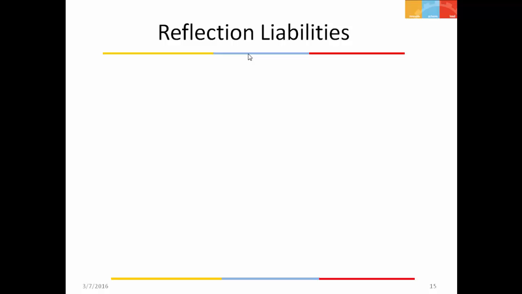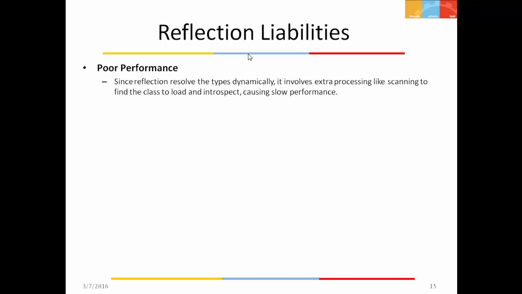I have given you examples like Tomcat, JUnit, etc. They all use this reflection mechanism for this purpose, but it definitely has different liabilities or problems. One is the performance. Since reflection resolves types dynamically, it involves an extra amount of processing. It does some scanning to find the appropriate class. It does introspection to find out what methods are there. That can definitely cause slow performance.